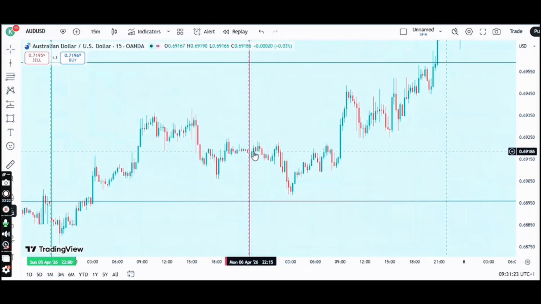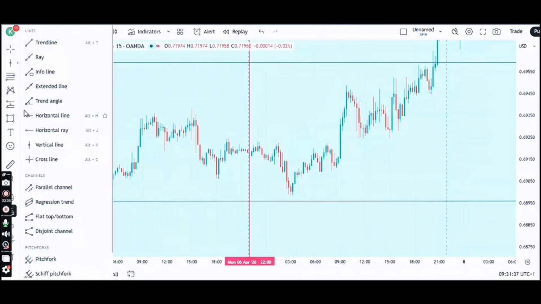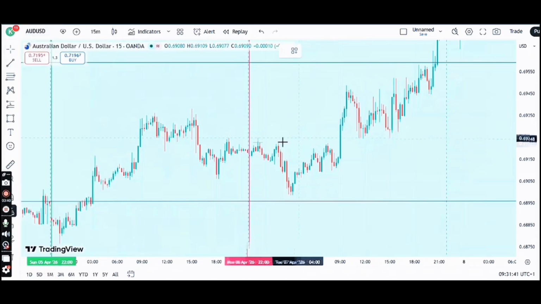So market opens here, and in the Asia session, you always expect a consolidation during the Asia session. Okay, now when I see this consolidation in Asia session, I knew that something good is going to happen. Look at this consolidation that happened here in Asia session. See this consolidation?